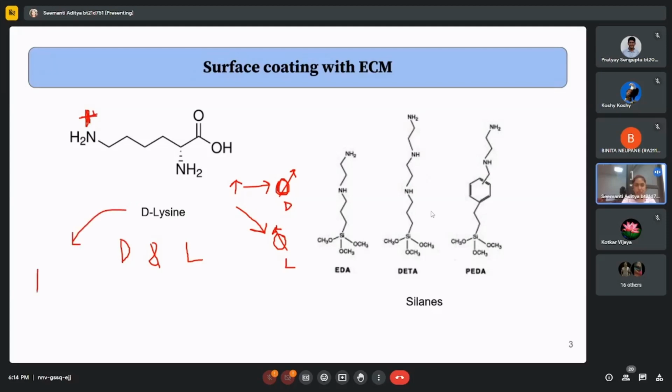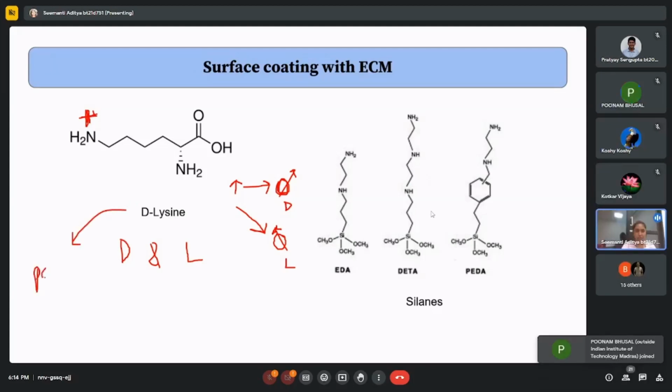So if it is positively charged, it tends to be basic. So lysine is a basic amino acid, and it's a positively charged amino acid.